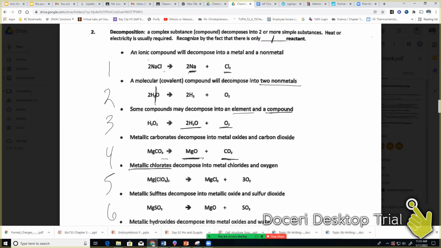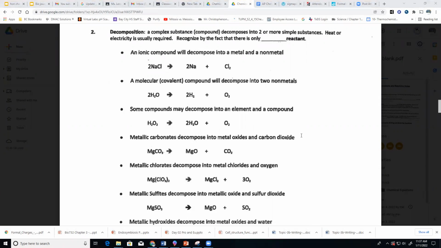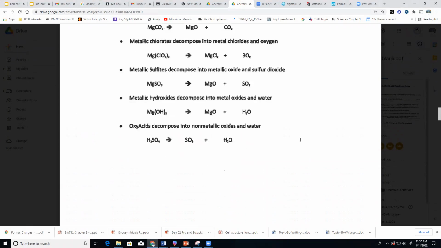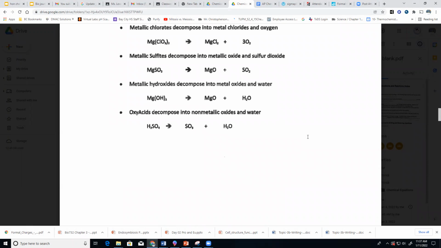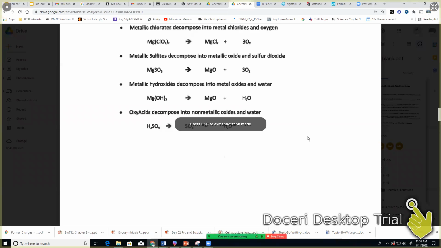Metal chlorate, flip over what we talked about on the other side. It will break back down into the metal chloride and then oxygen. All right, then we have metallic sulfites. Once again, it doesn't just cut that in half.